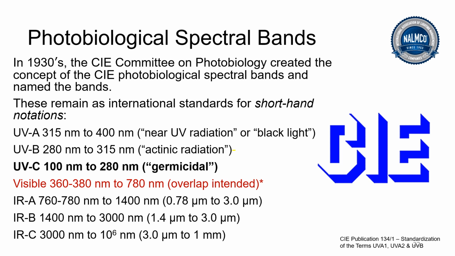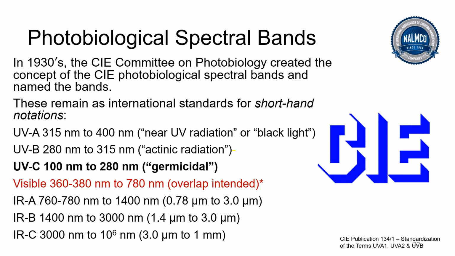We break the ultraviolet into 3 spectral bands and the infrared into 3 spectral bands, in addition to, of course, the visible. I might mention that the visible light overlaps into the UV and the infrared. And the reason is that there's no sharply defined edge of the visible spectrum and suddenly you're in the UV or suddenly in the infrared.